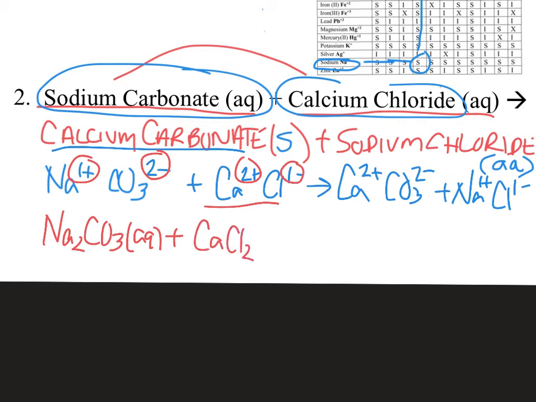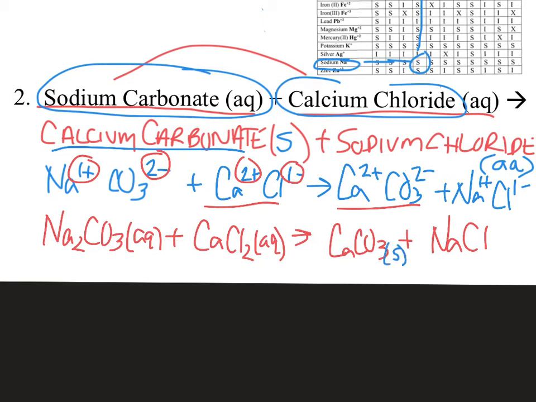So CaCl2, and that is aqueous as well. Next up is then calcium carbonate. +2 and -2 means they cancel out. So that'll be that. And last but not least, sodium chloride. +1 -1 means NaCl. Let's not forget, easy to forget, I almost did. Calcium carbonate is solid. Sodium chloride is aqueous.